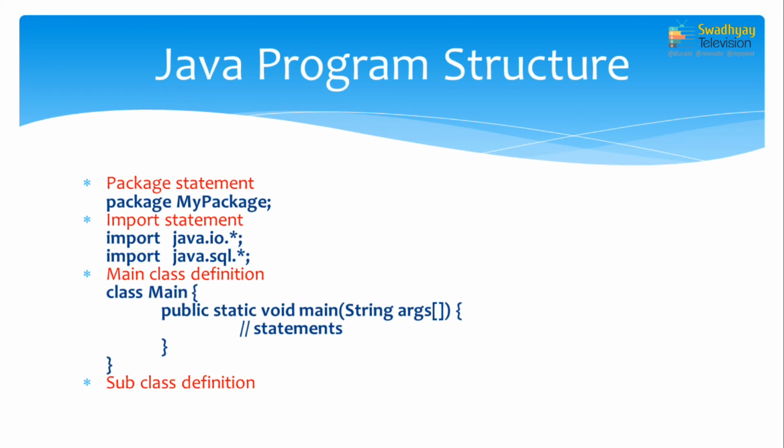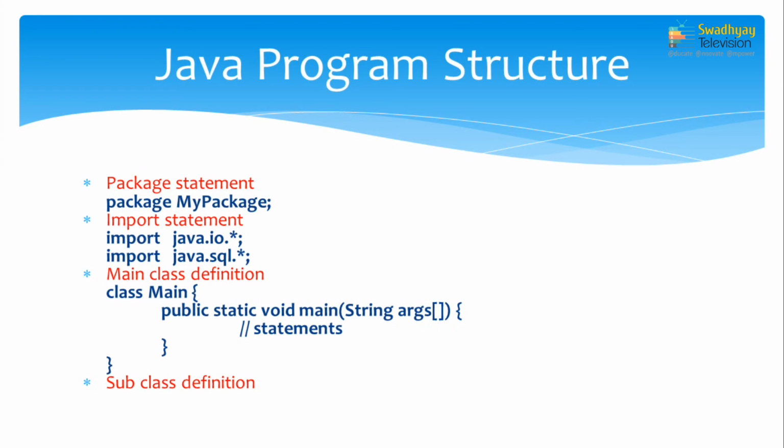We write java.sql. So, all the database connectivity classes are organized inside this package called java.sql. Whatever class you want to use in your program, you have to import the class library belonging to that class. So, this import statement is optional.